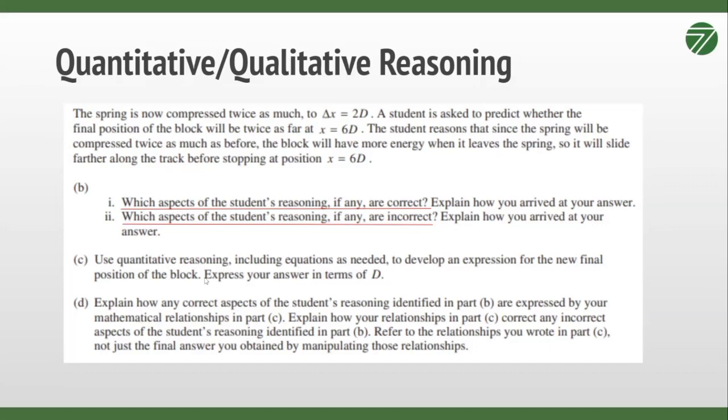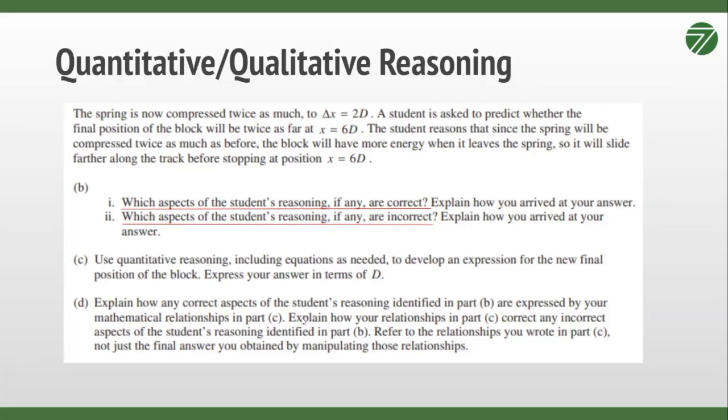So there's the quantitative and the qualitative, and then in D, explain how any correct aspects of the student's reasoning from part B are expressed by your mathematical relationship in part C. Now we have to tie the quantitative to the qualitative, and demonstrate that I can cite from my equation how these things are related.